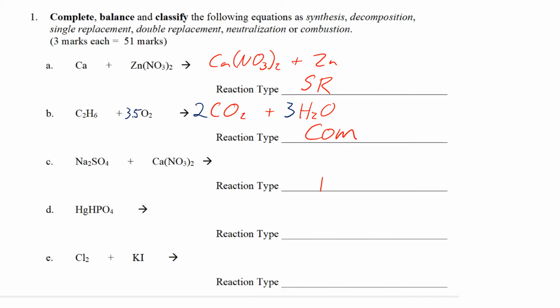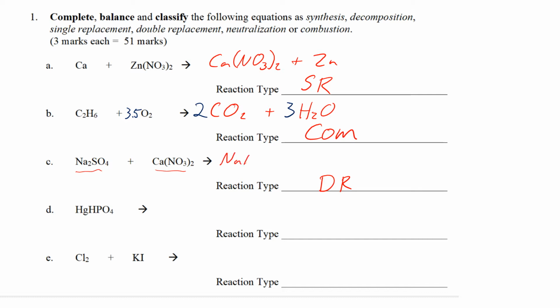Here we have a double replacement, and how I know that is because we have a compound plus another compound. They are not acids and they are not bases, so it's just going to be a double replacement. We're going to switch out the 2 metals. So instead of sodium being with sulfate, sodium is going to go with nitrate.